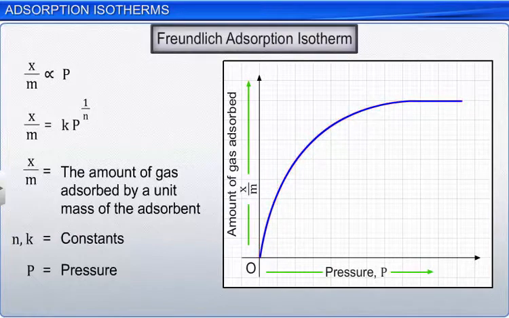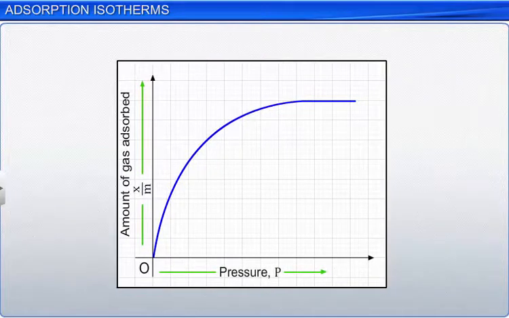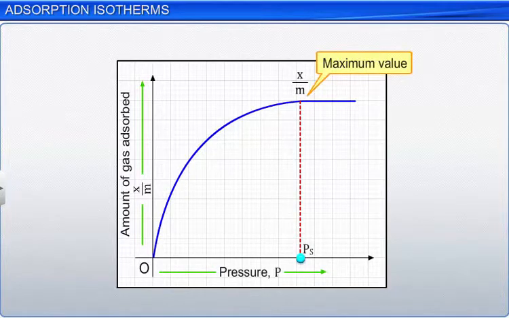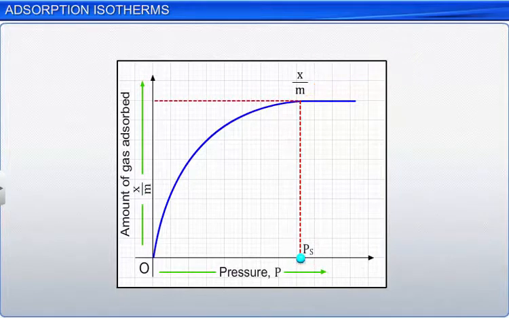In this adsorption isotherm, x by m reaches its maximum value at point Ps. In other words, the extent of adsorption is the highest at this point. It can be seen from the curve that even if the pressure is increased beyond Ps, the extent of adsorption remains the same.